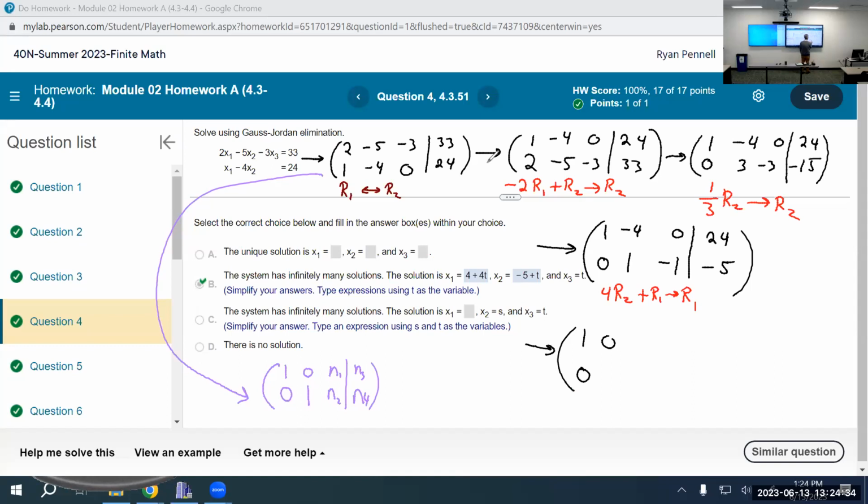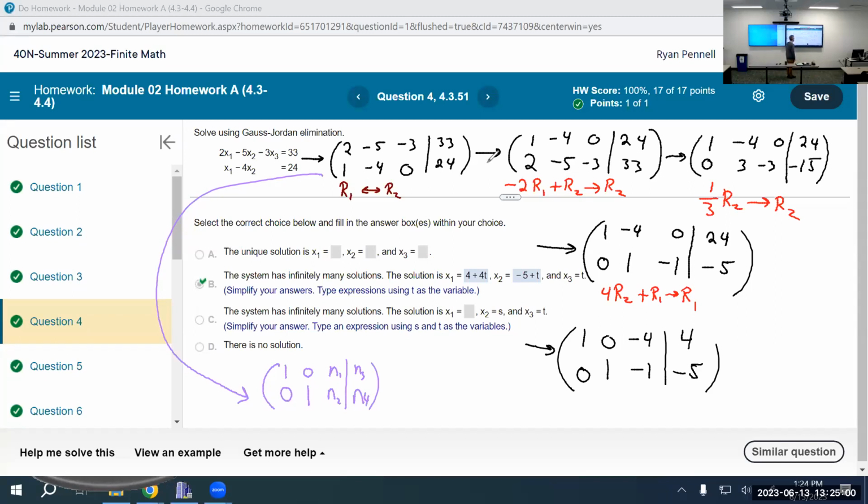Okay. 4 times -1 is -4 plus 0 is -4. 4 times 5 is 20, so that's -20 plus, so that should be +4.